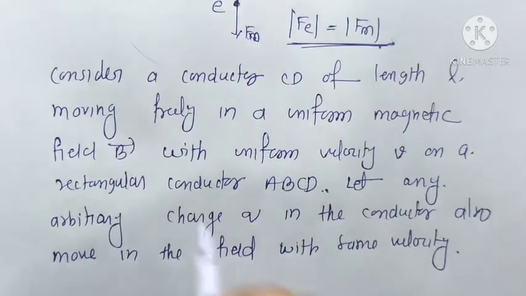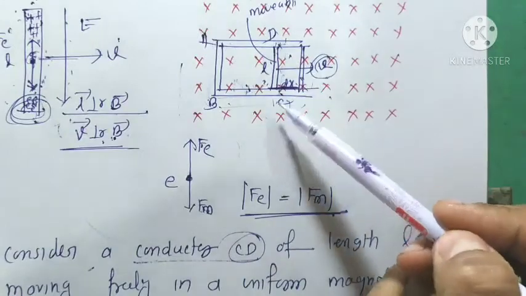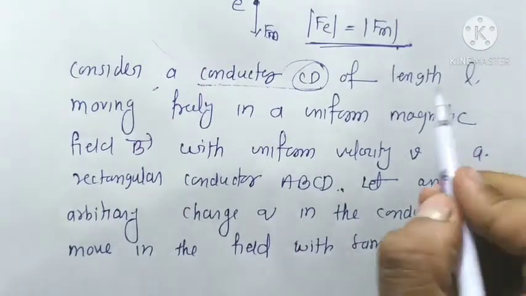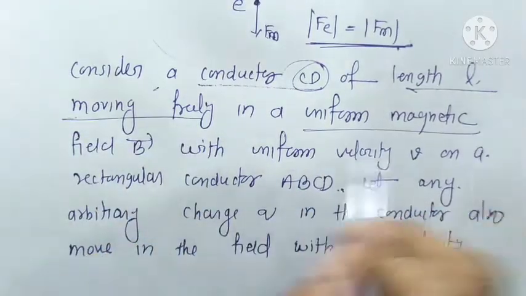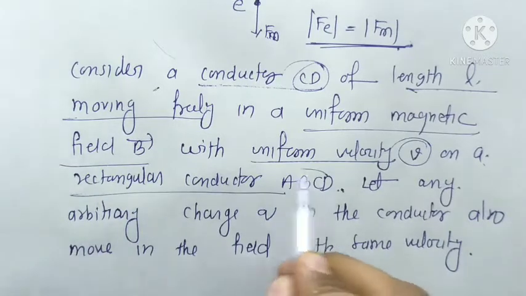I repeat again. Consider a conductor CD of length L moving freely in a uniform magnetic field B with uniform velocity V on a rectangular conductor ABCD.